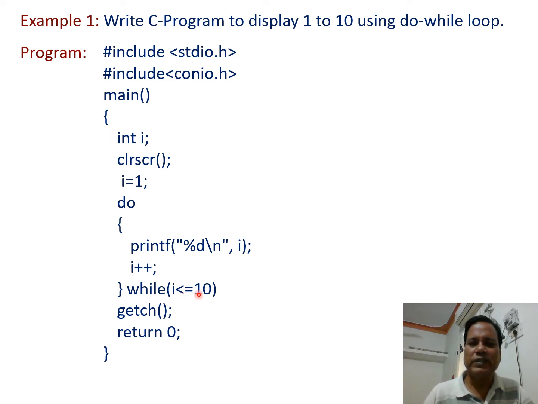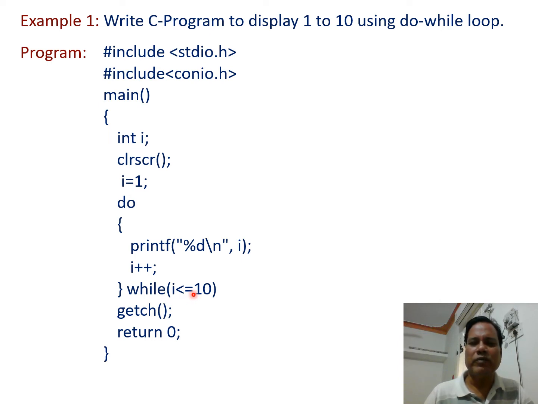So the condition is true. When we execute the body of the do while loop, the printf statement prints the 2 in the second row, and then the cursor is brought to the third row by the \n new line character, and then the value of i is incremented. This time the value becomes 3. When it is tested in the condition, the value is true.